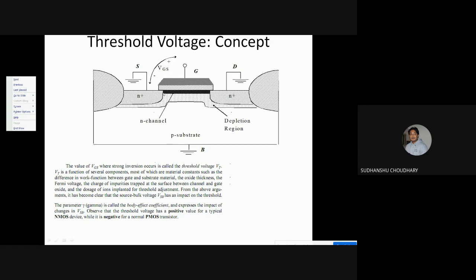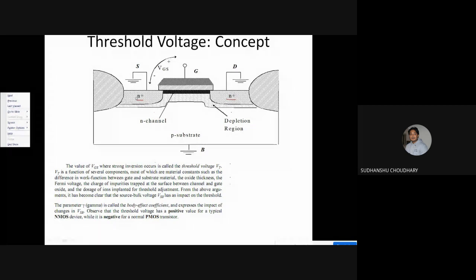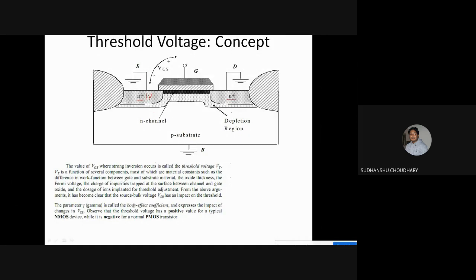The channel is composed of electrons if it is an N-type MOSFET, so you need a channel of electrons between source and drain. If it is a P-type MOSFET, that is, if source and drain are P-type, then you need holes in the channel.